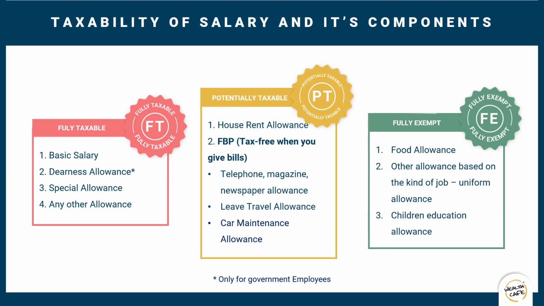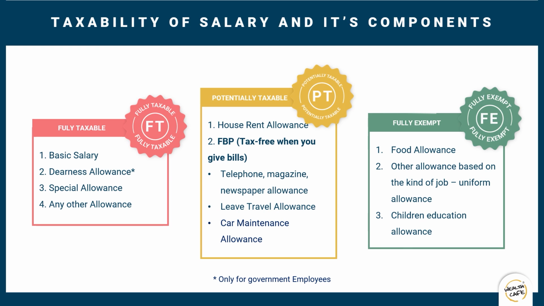The common fully taxable components are your basic salary, your dearness allowance, special allowances given by companies, or any other allowances by whatever name you receive them. Of all of these, dearness allowance is something you will typically find in a government employee's pay slip, whereas the other allowances are very common across all kinds of employees.